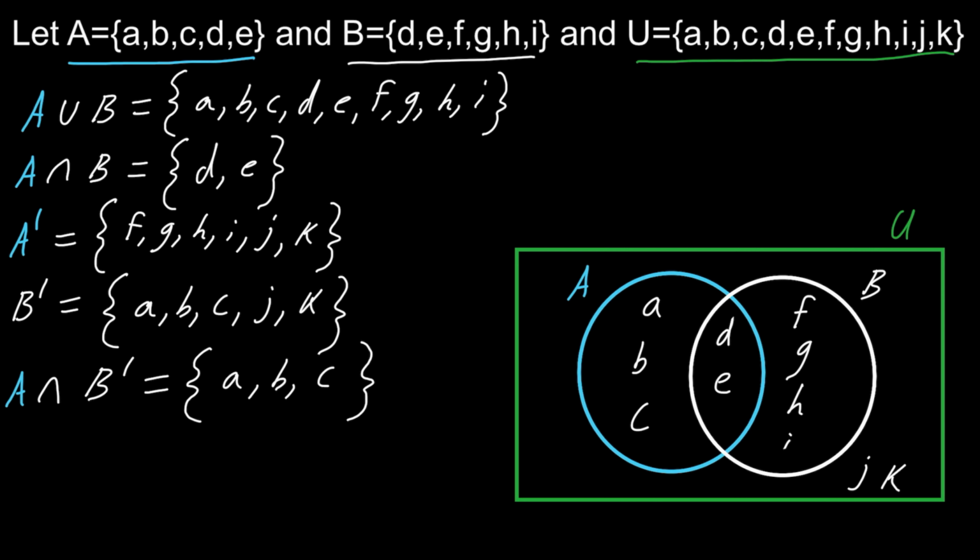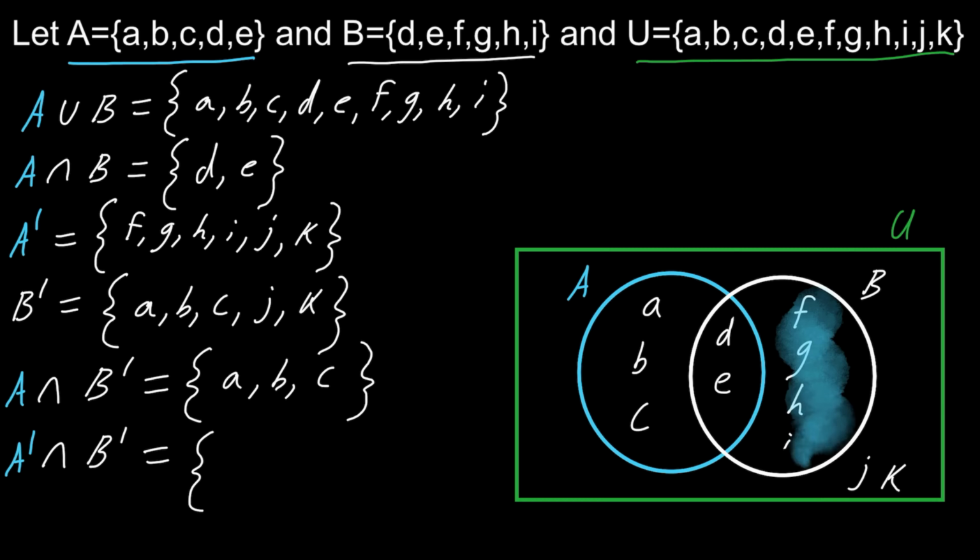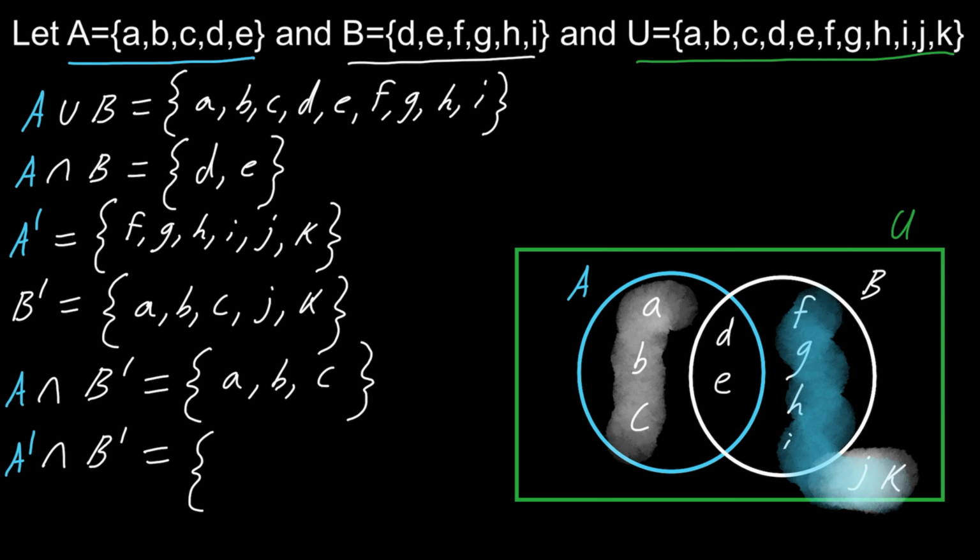Now let's ask something else. What about A prime intersecting B prime? And so now we're getting increasingly more interesting questions. Well, let's just go ahead and think about that for a little moment. This is asking everything that is not part of A, so it would be all of that, and everything that's not part of B, which would be, no pun intended, all of that.